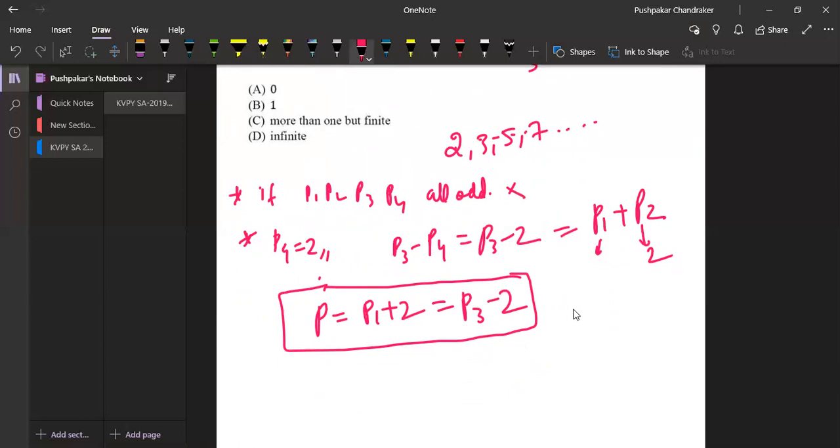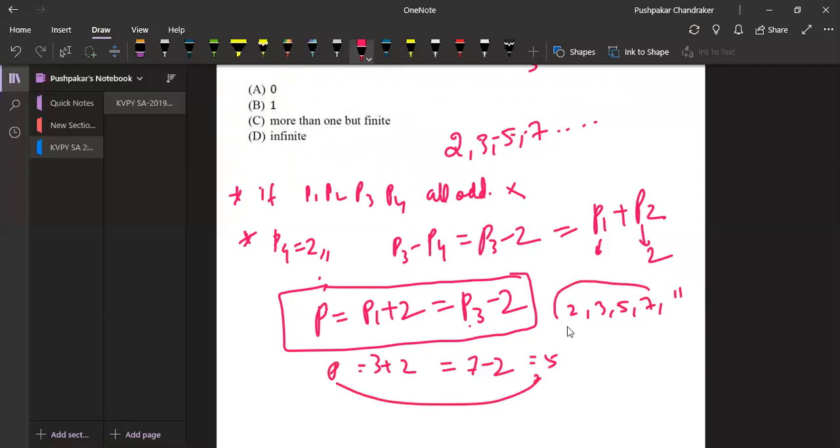Like you'll notice here, 2, 3, 5, 7, 11. These are the possibilities. Now I can pick any one and check whether anything is satisfying. You can notice here, if P3 is 7, 7 minus 2 is a prime number, 5, and 3 plus 2 is also 5. It means P is 5. So we got one set, 2, 3, 5, 7.